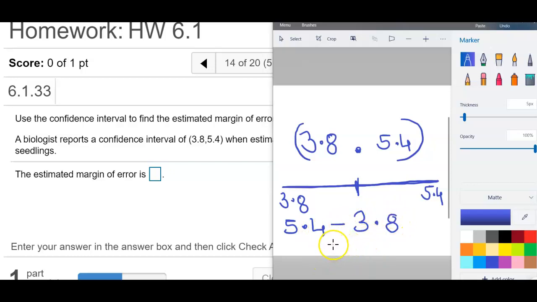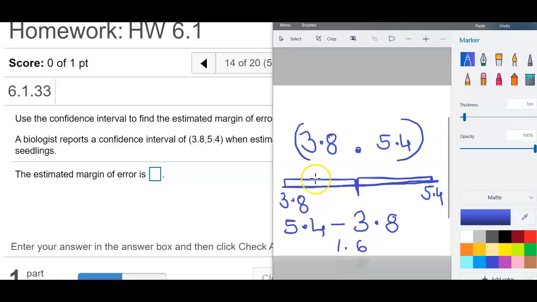So 5.4 minus 3.8 is 1.6. So the margin of error is from your lower limit to your sample mean, or from your sample mean to your upper limit. The gap between your mean and your lower limit, and your mean and your upper limit, is your error. But this entire distance is 1.6.